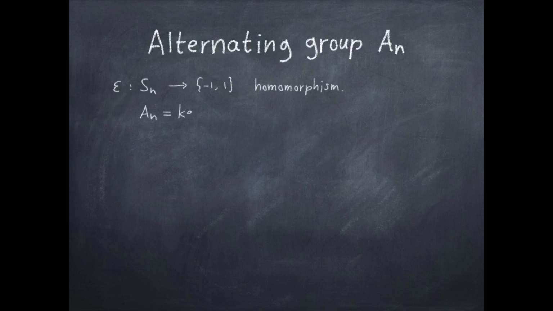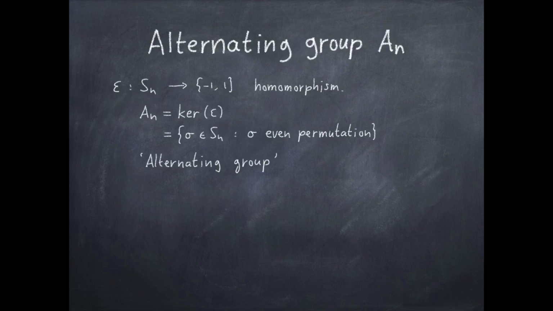Consider again the sign map epsilon. Since this is a homomorphism, it's natural to look at the kernel of epsilon. The kernel consists of all the permutations that are even, and, since it's the kernel of a homomorphism, it is a subgroup of Sn. This subgroup is called An, the alternating group.